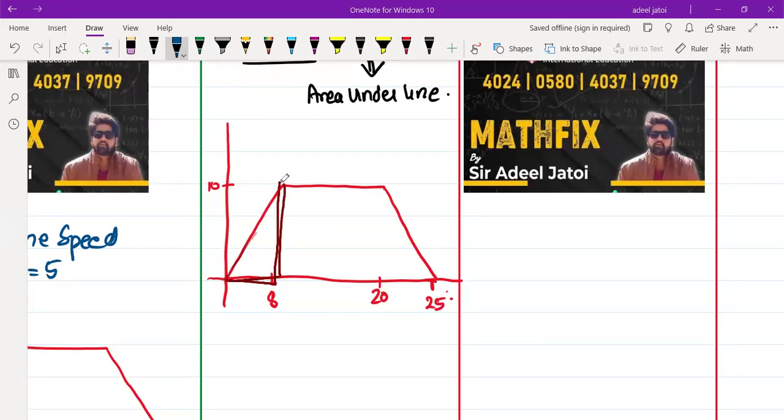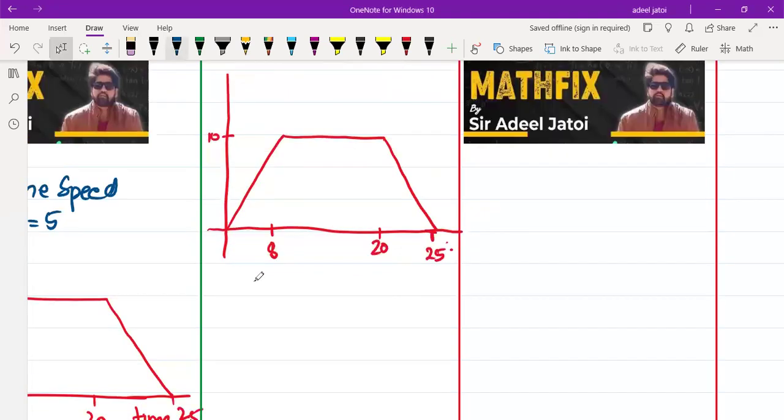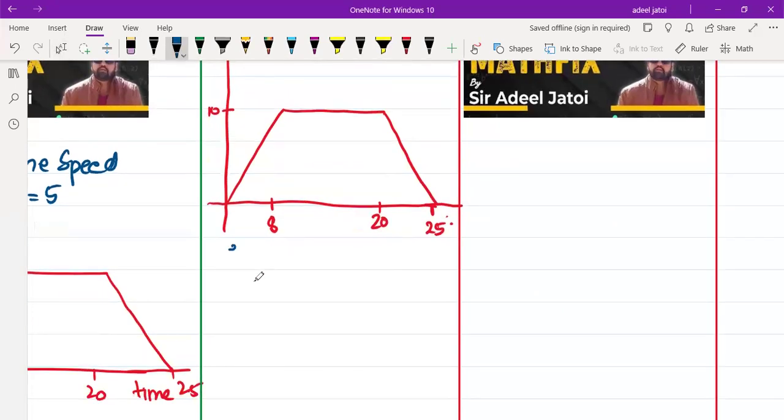Let's say I want to calculate my distance when the time is 8. For this, I need to calculate the area of the triangle. From here to this point, the base is 8. And from here to here, the height is 10. Because this becomes your triangle.